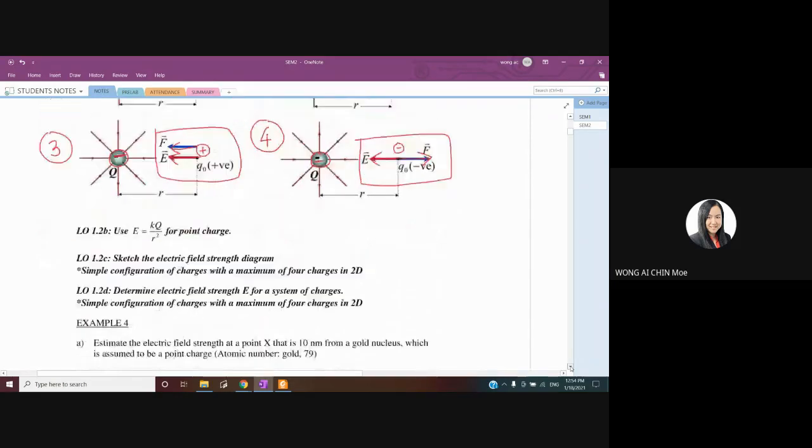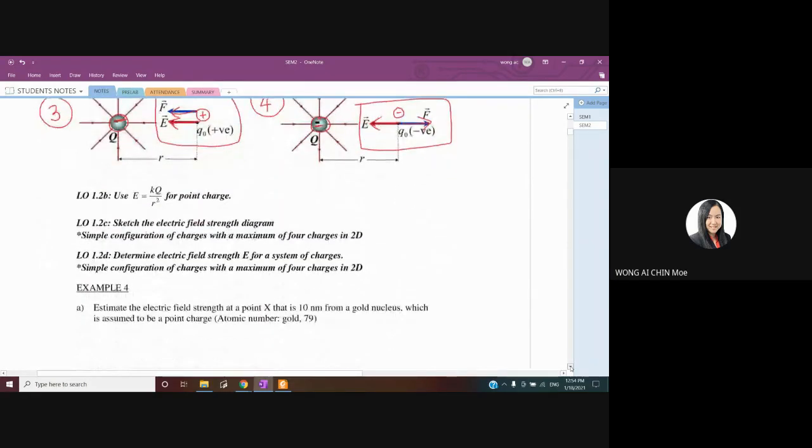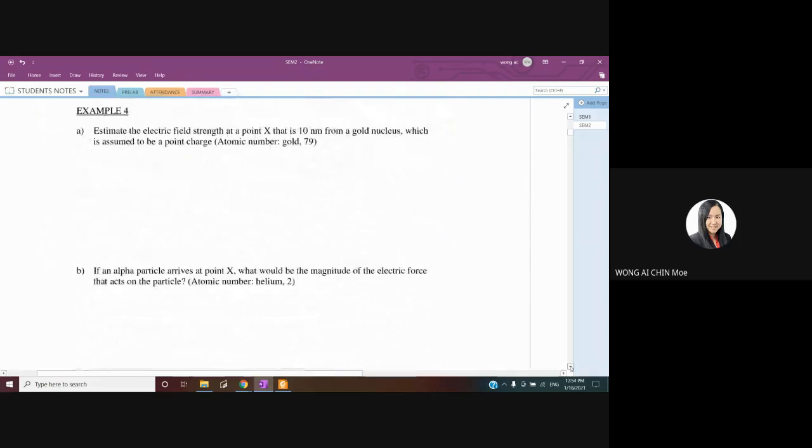Okay, next. Example 4. Estimate the electric field strength at point X that is 10 nanometers from the gold nucleus, which is assumed to be a point charge.